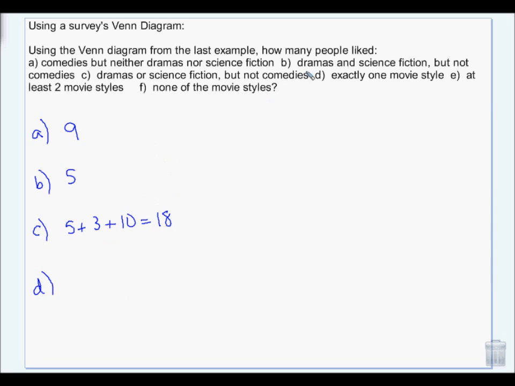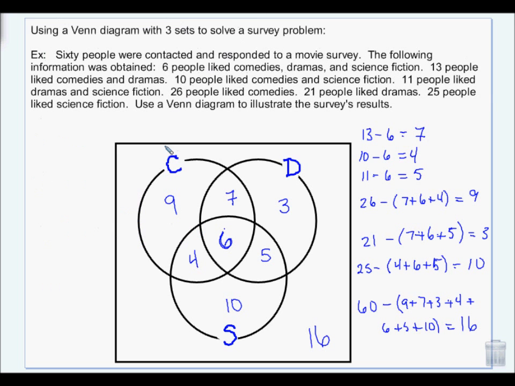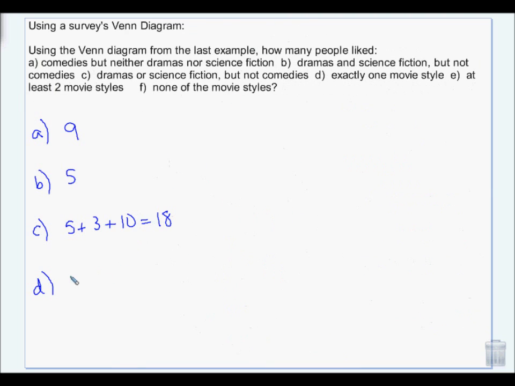D, we have exactly one movie style. So I have exactly one movie style are these outliers. So 9, 3, and 10. E, at least 2 movie styles.